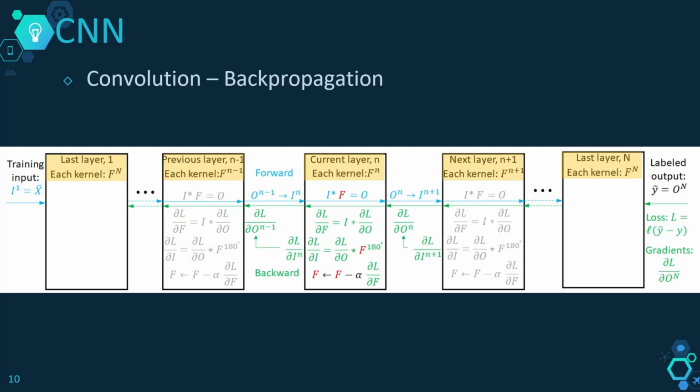So we just keep going backward. The last layer is special because in the last layer, partial L, partial I can be calculated directly. Then we go backwards and we can get all the partial L, partial I, or partial L, partial O. And that can be used to calculate partial L, partial F. If we get that one, then we can update the weights of the kernels.